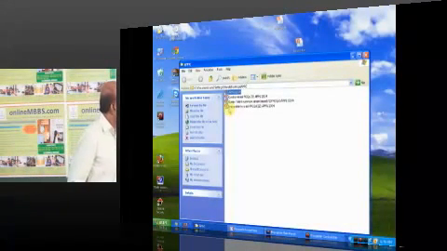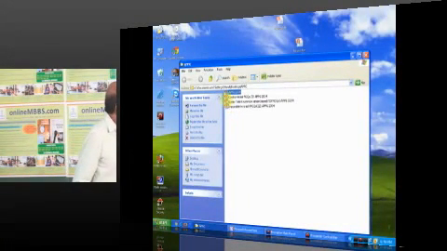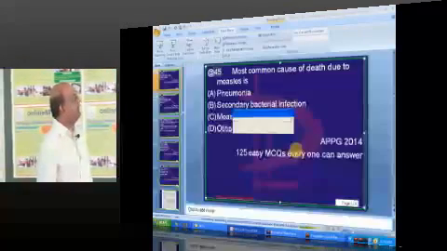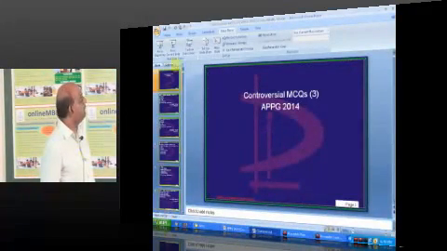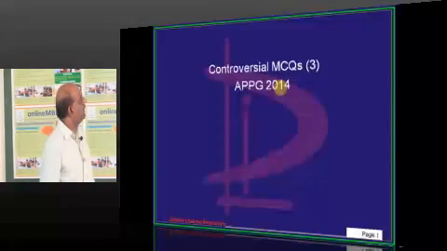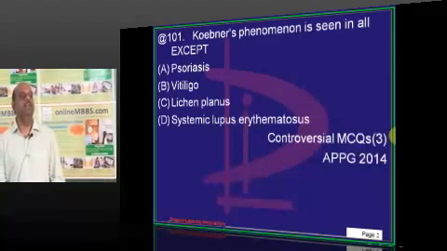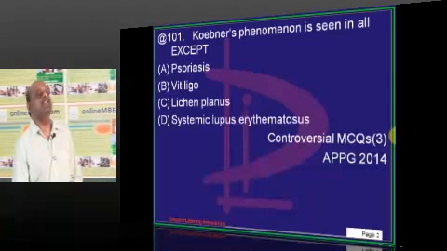Now, shall we talk about the controversial 3 MCQs? Let's see, controversial 3 MCQs where multiple answers are possible. Koebner's phenomenon. Except what was the examiner's answer?